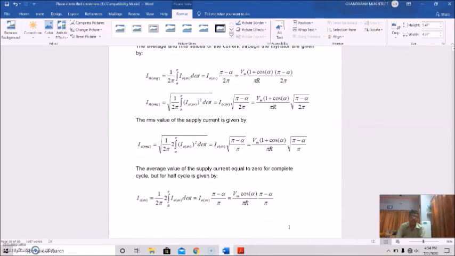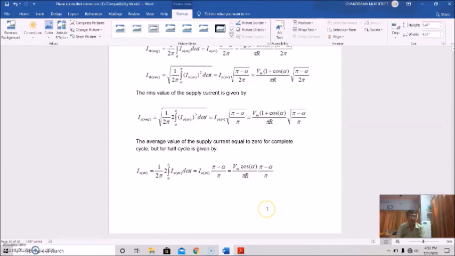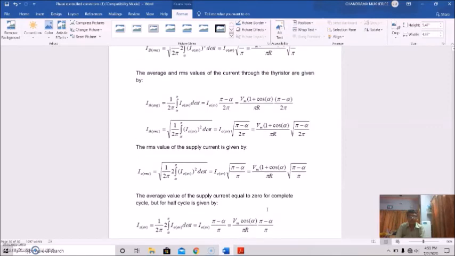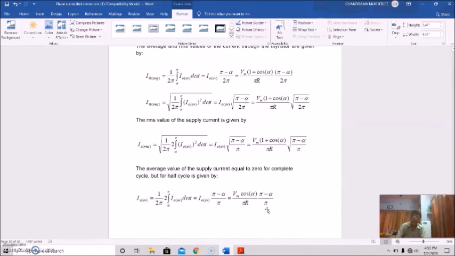But for half cycle, if we take RL, the average value of the supply current will be like this: Vm cos alpha by pi R, into pi minus alpha by pi. Okay, so that clears our idea about the RL load in the presence of a freewheeling diode across it.